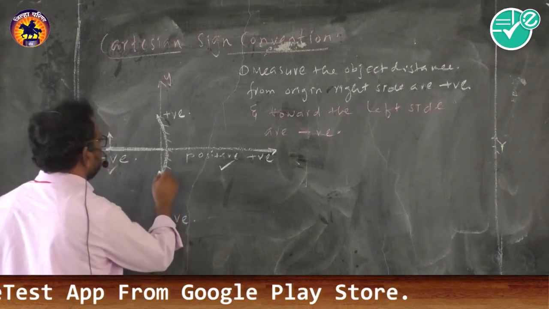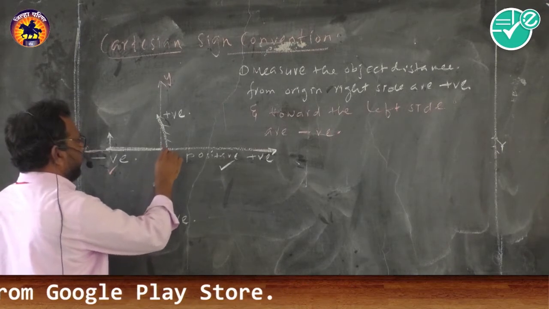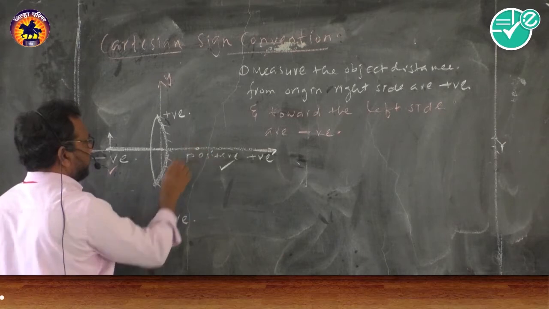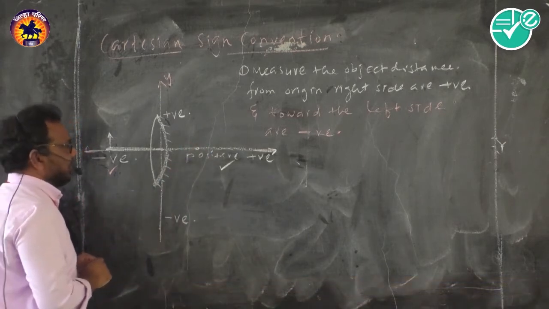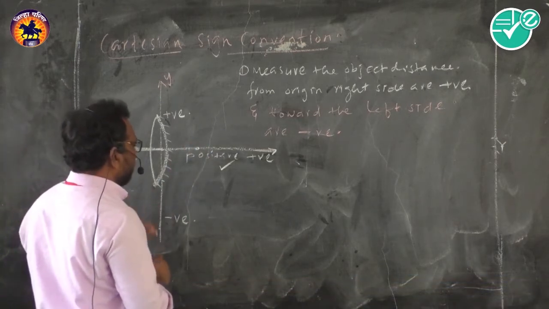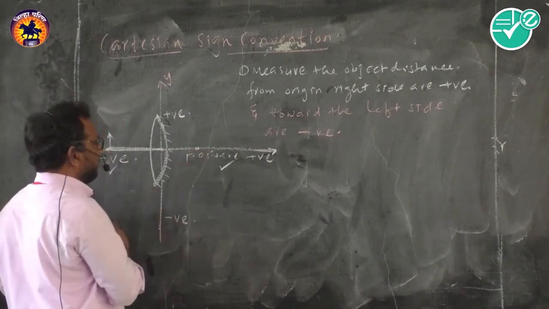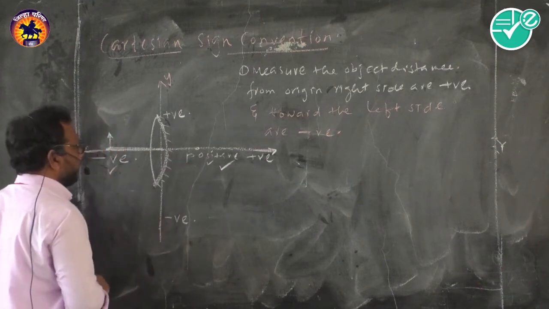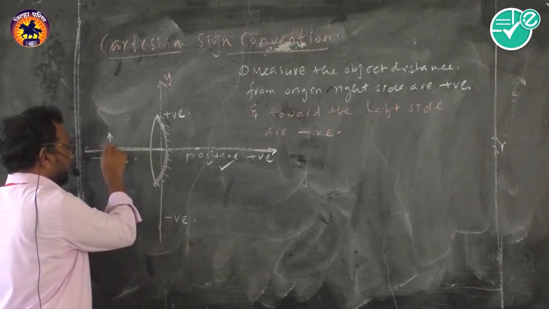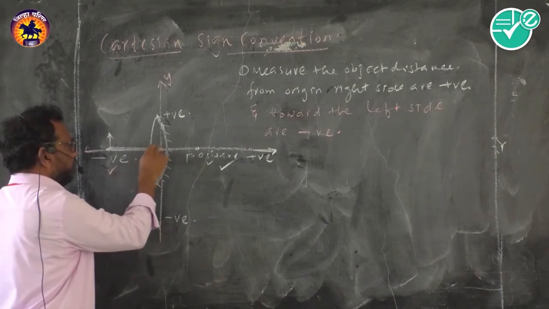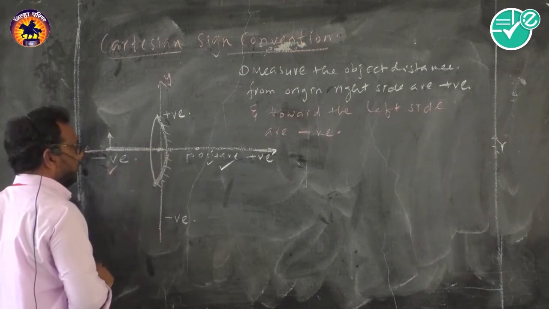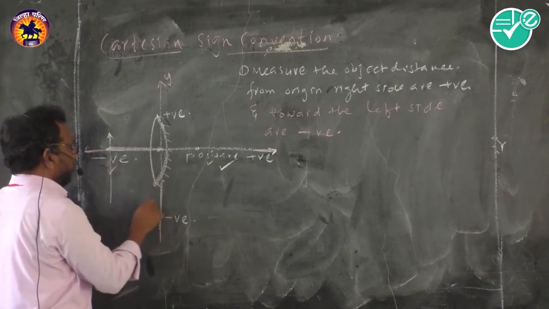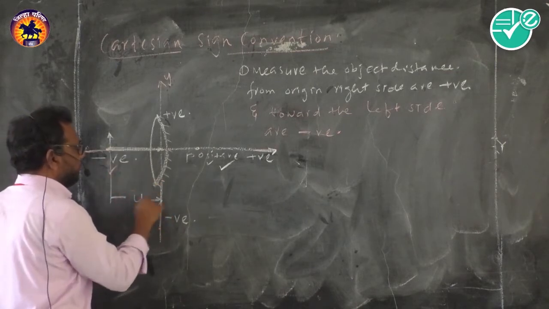In case of a convex one, the imaginary or virtual image is formed somewhere here, so this distance we take as a positive one. The object distance from the pole of the mirror is always denoted by the symbol u.